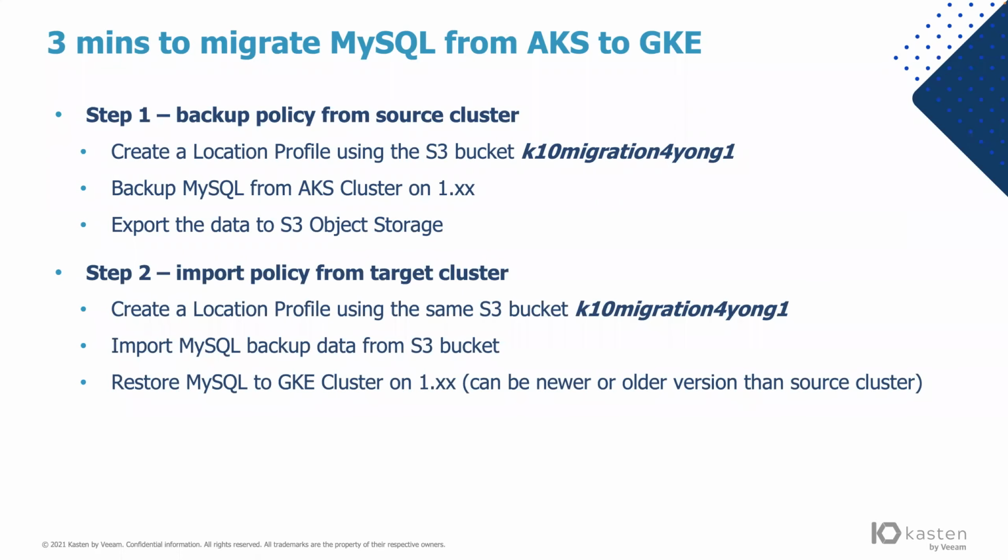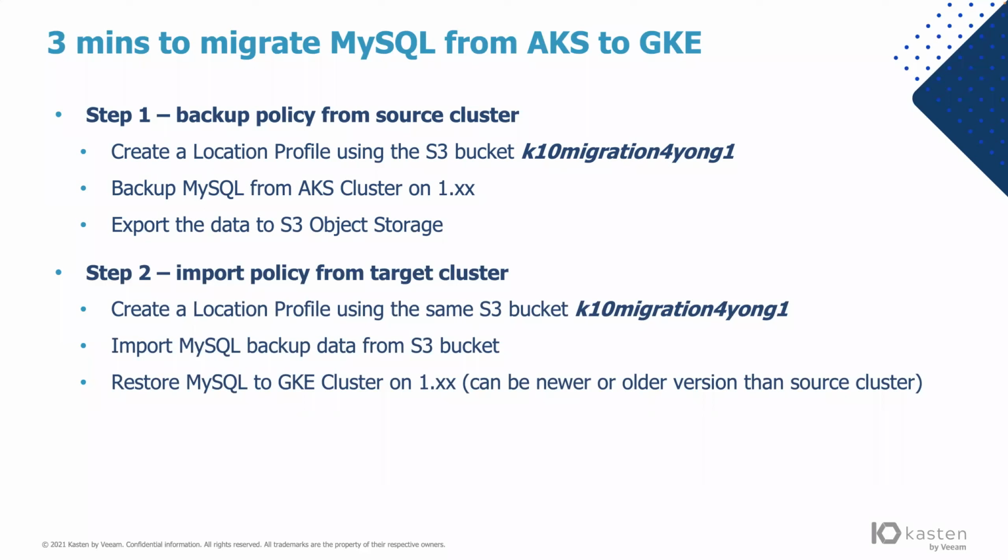And from the target cluster, you configure the import policy and then do the restore. And basically, that's what we need to do. So once this is done, the policy will be automatically scheduled based on your settings. It can be a one-time job or it can be standby DR, constantly running the backup export from a source cluster, and from a target cluster, do the import, do the restore.